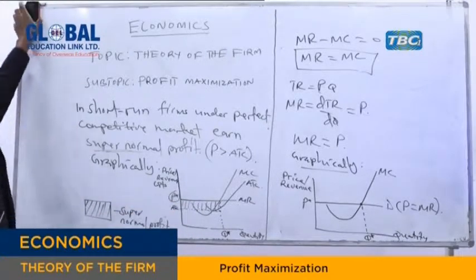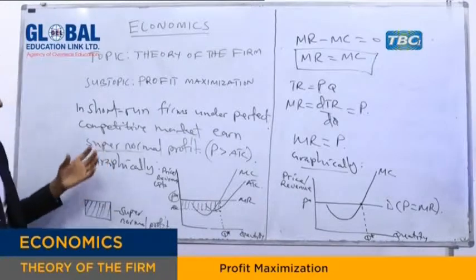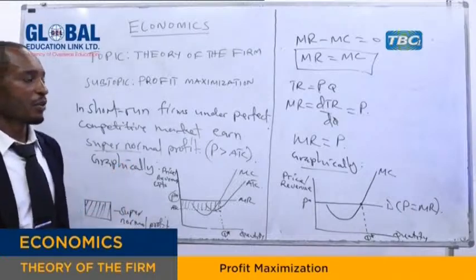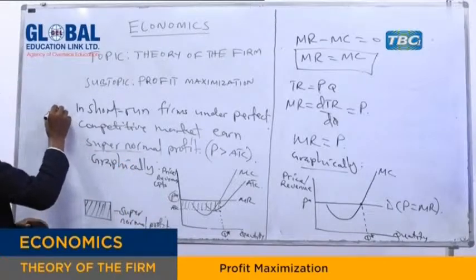Now, case 2: we said a firm under perfect market in the long run can earn just a normal profit. So this was case 1.